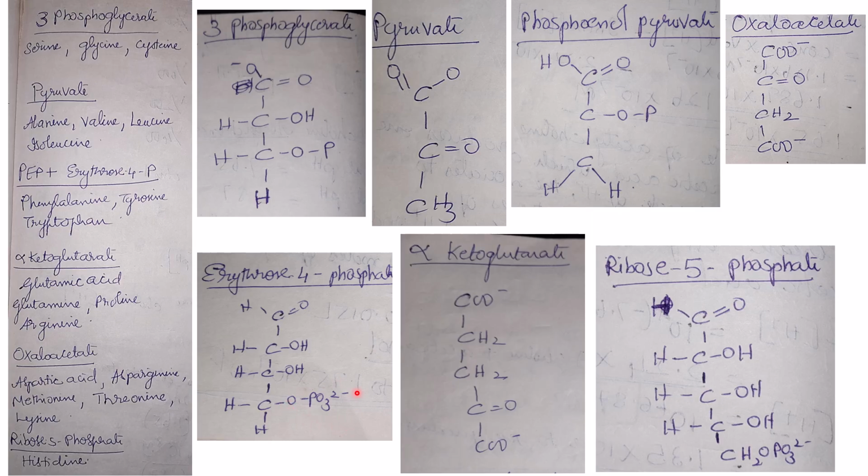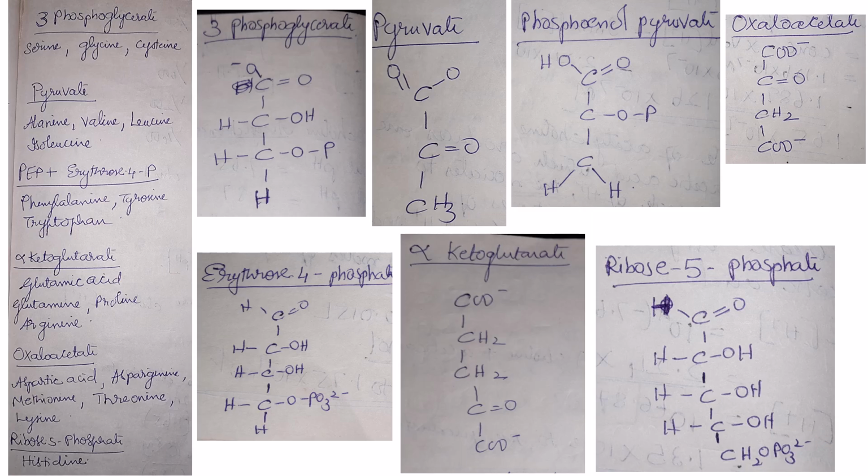Then you have oxaloacetate, a 4 carbon compound, and this is different from erythrose 4-phosphate, where a phosphate group is attached to the 4th carbon atom, but it is not there in oxaloacetate. Moreover, oxaloacetate has 2 carboxyls at its ends. And oxaloacetate is involved in aspartic acid, asparagine, methionine, threonine, lysine. And ribose 5-phosphate, with a phosphate group attached to the 5th carbon atom, is involved in the synthesis of histidine.